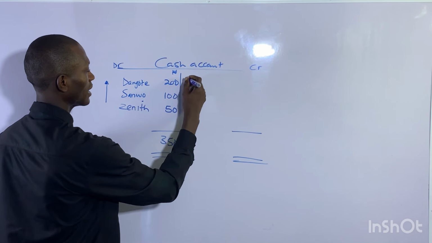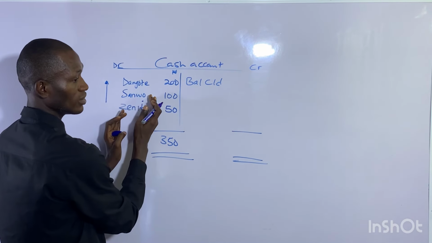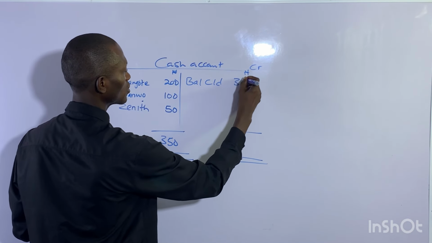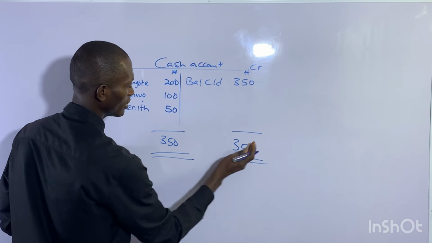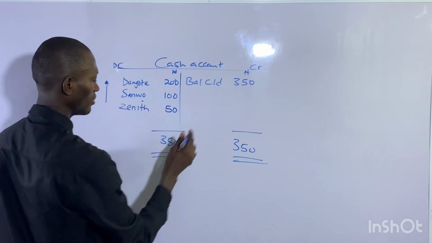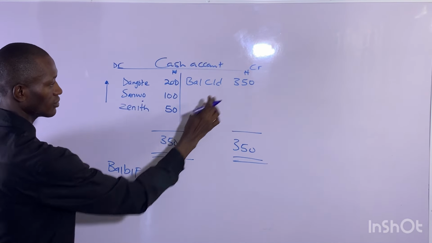Then the balance carried down to make this side equal to this side. We put 350 here. So 350 is what we have here. Then we bring it down to the same level with this, so for them to be equal now. So for every balance carried down, there must be a balance brought forward, which is this 350 here.